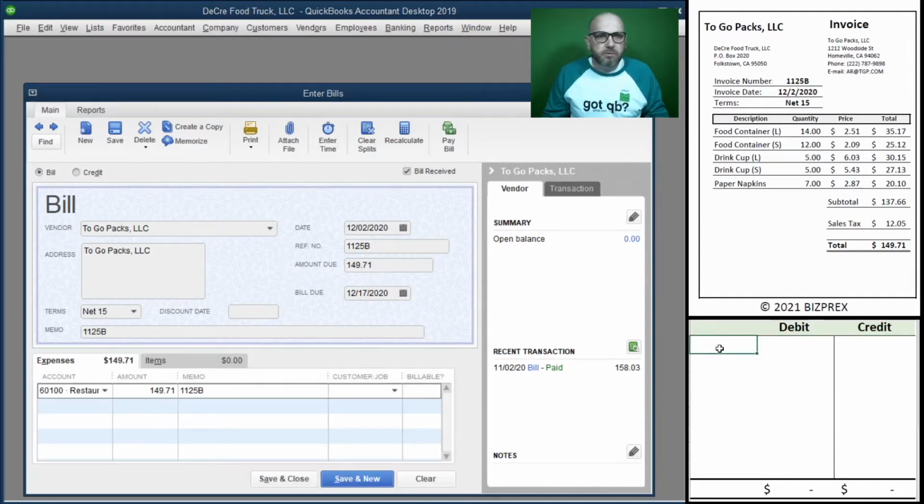Okay, good. So what's going on behind the interface, right? We know that our expenses go up, and expenses go up when debited. And we have to have an offsetting credit, right? In this instance, as we remember correctly, it's account 20,000. That's our accounts payable. So what happened was we received the goods, therefore we incurred the expense, at least on accrual basis.